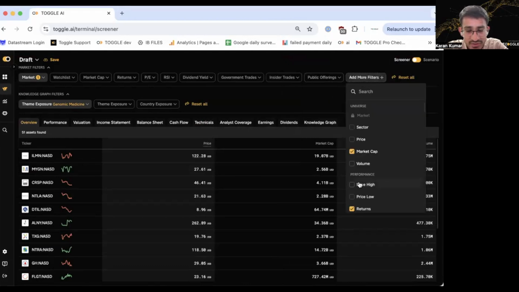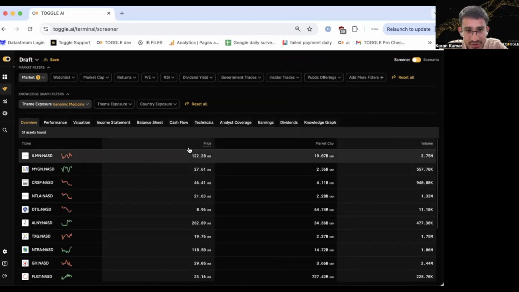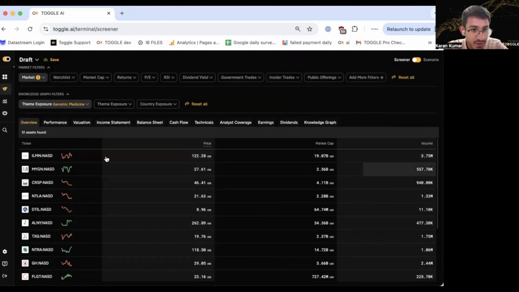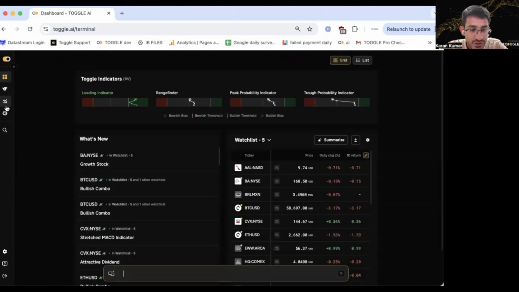We're adding a lot more of these events now, but we're hoping to make this a really smart screener so you can find ideas really quickly. And then through the AI agent in the chat, you can also just say, give me stocks where blah, blah, blah, write out your criteria and it'll pull up the asset for you.